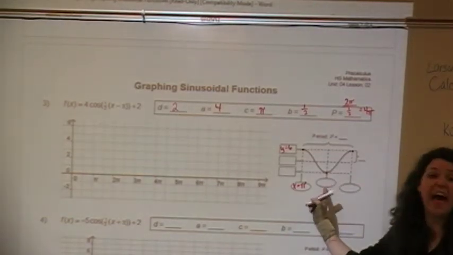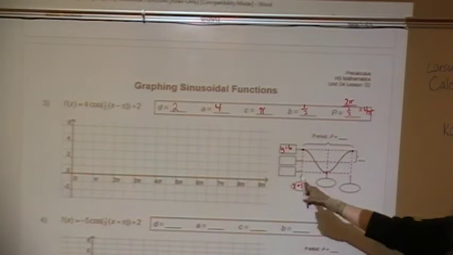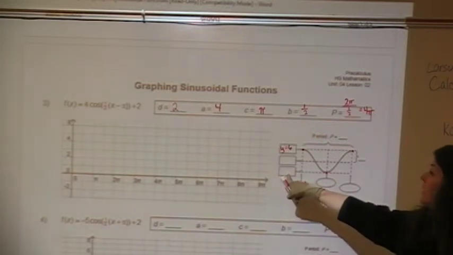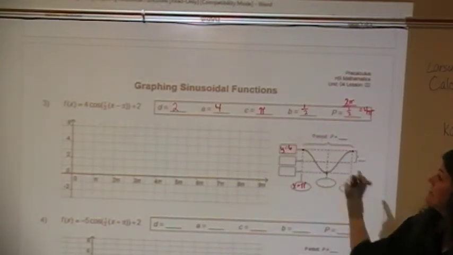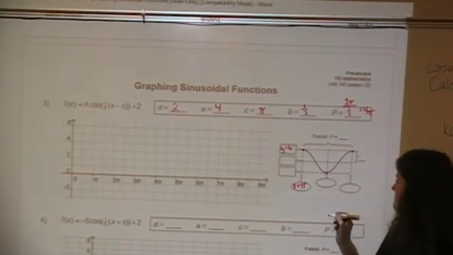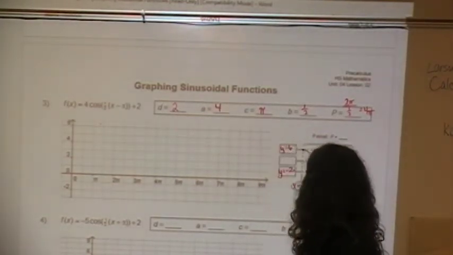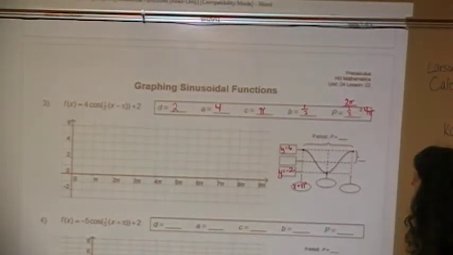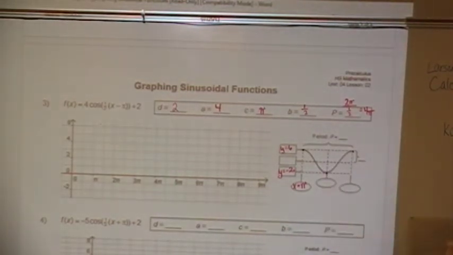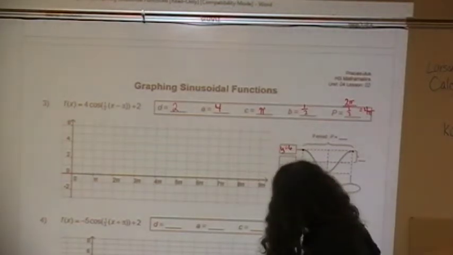I need this valley down here. This value is D minus A. So this would be y equals -2. This center point we find from C plus 1/2 of the period. So C is pi. Half of your period would be 2 pi. So this is 3 pi.